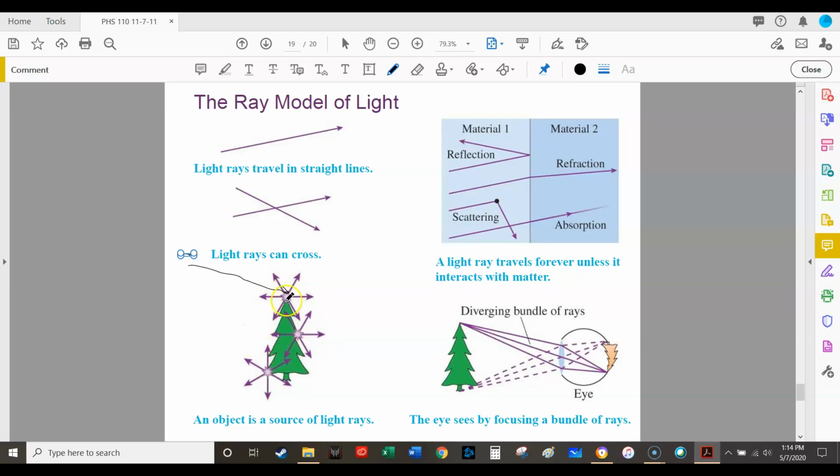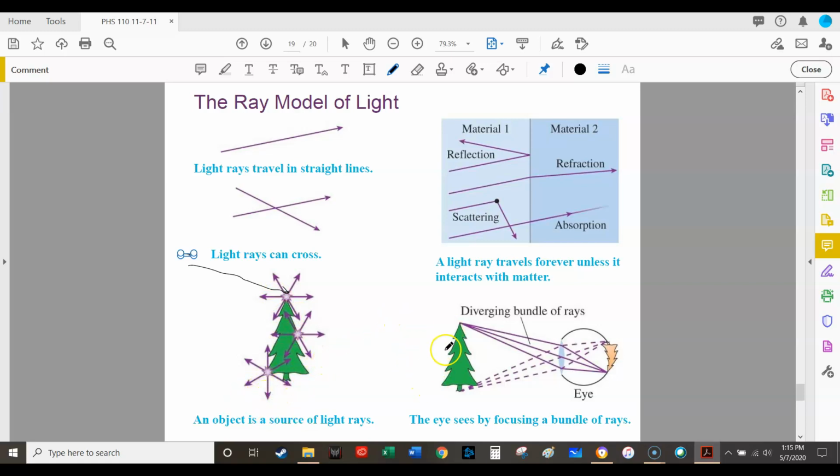And so you could view this almost like a source of light, even though it's not the source of light. It's that opaque object that is now scattering light in all directions, and for that moment you could consider it as the source of light, right? Even though it's not.